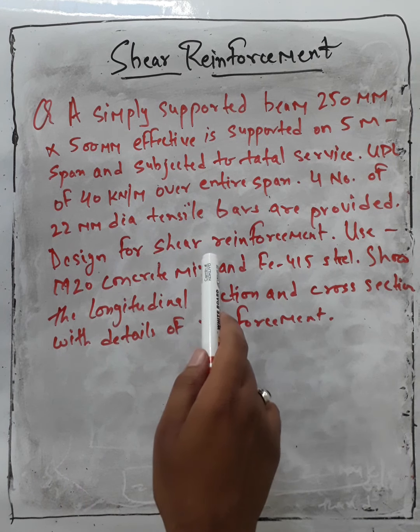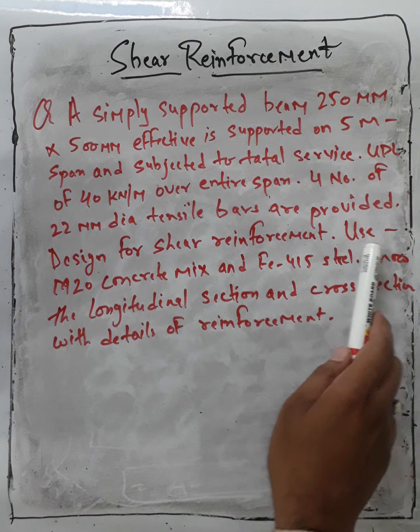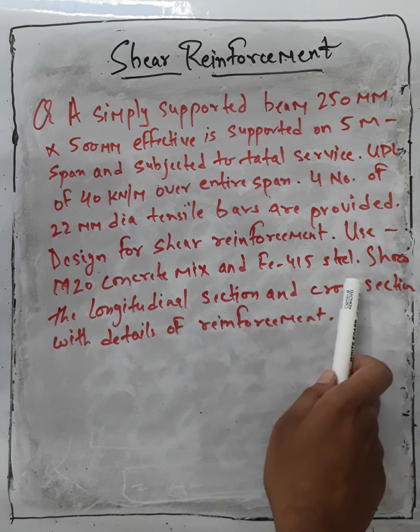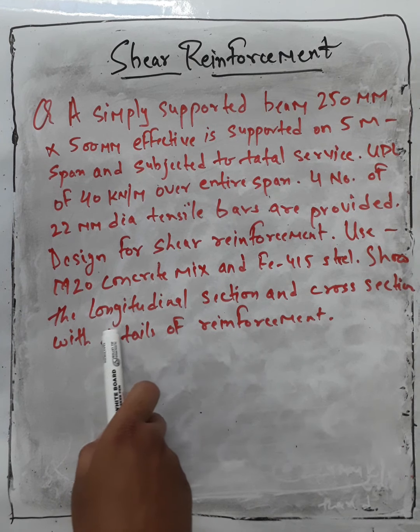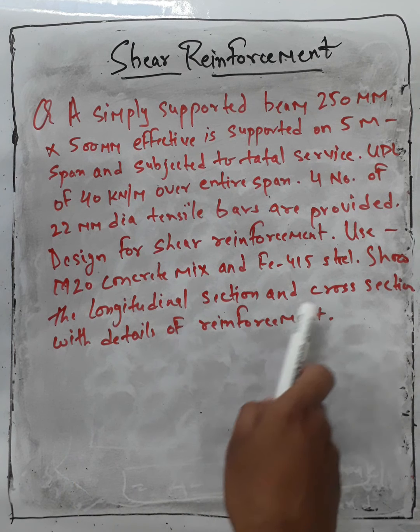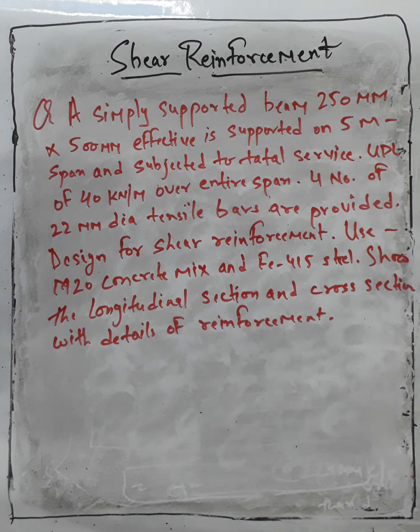Design the shear reinforcement, use M20 concrete mix and Fe415 steel. Show the longitudinal section and cross section with detail of reinforcement. Here we have to draw the cross section and longitudinal section also.